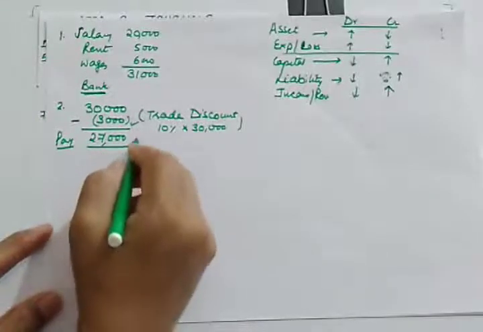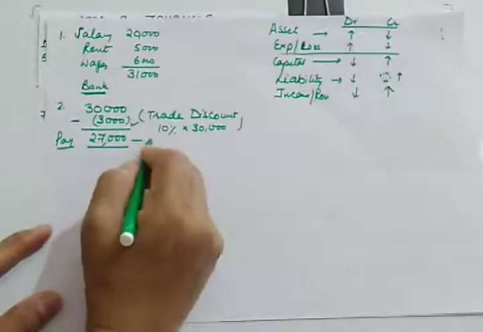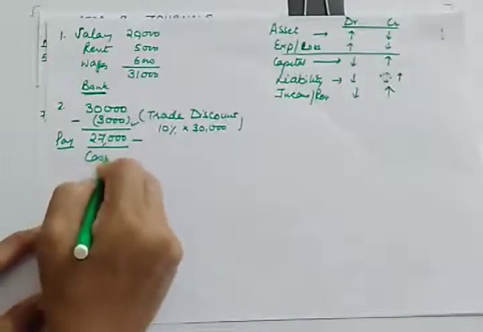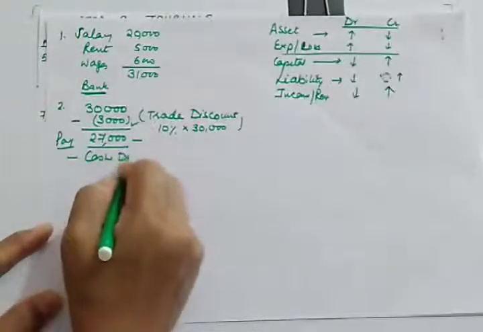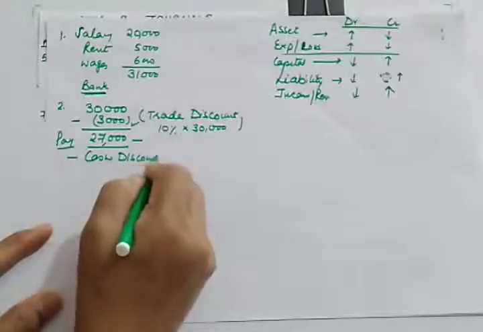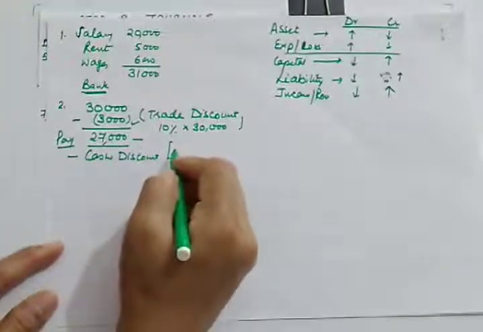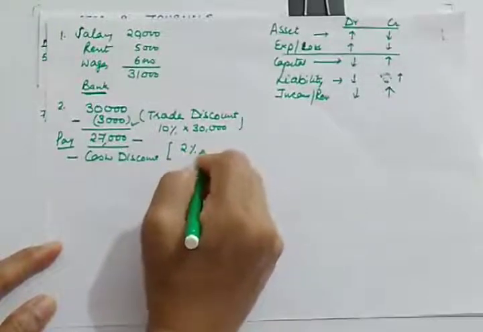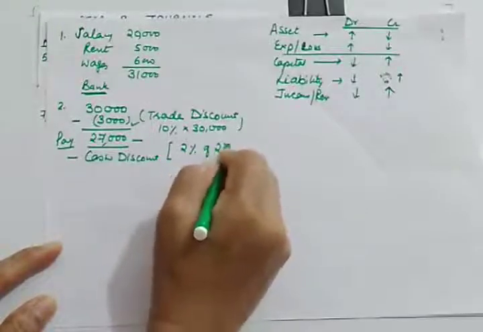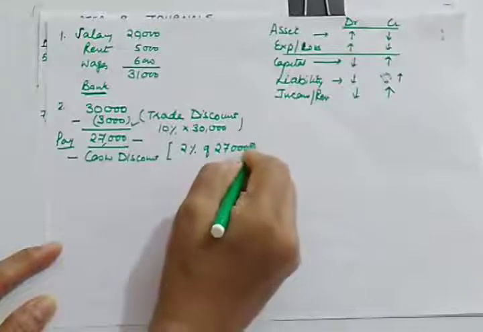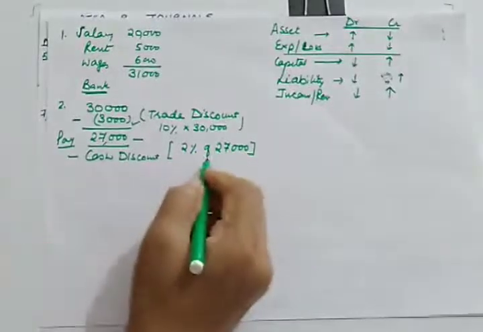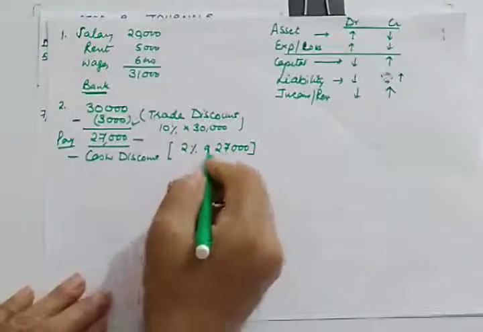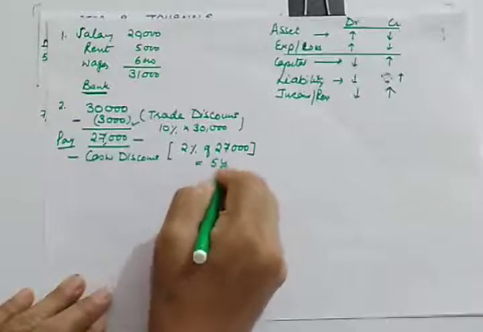And after that you are getting a cash discount. So cash discount has to be deducted. So how much cash discount? We are getting 2% cash discount. So we need to calculate 2% of 27,000. So if you calculate 2% of 27,000, it will be 540.